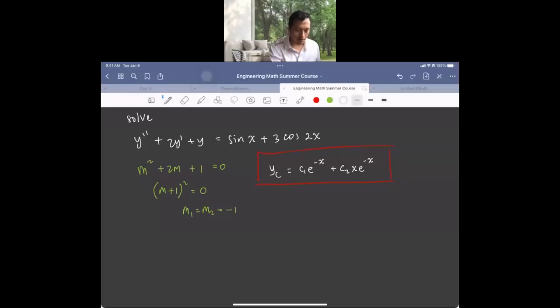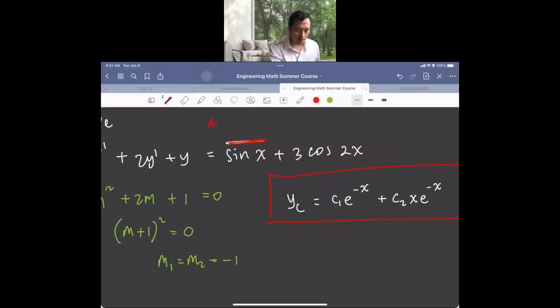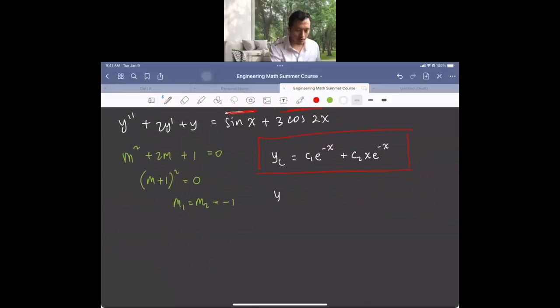Now how do we write our particular solution? Since we have two trigonometric terms, if we had just sine here, we could write a cos x plus b sine x. But since we have another cosine here, we need to add c cosine 2x plus d sine 2x.